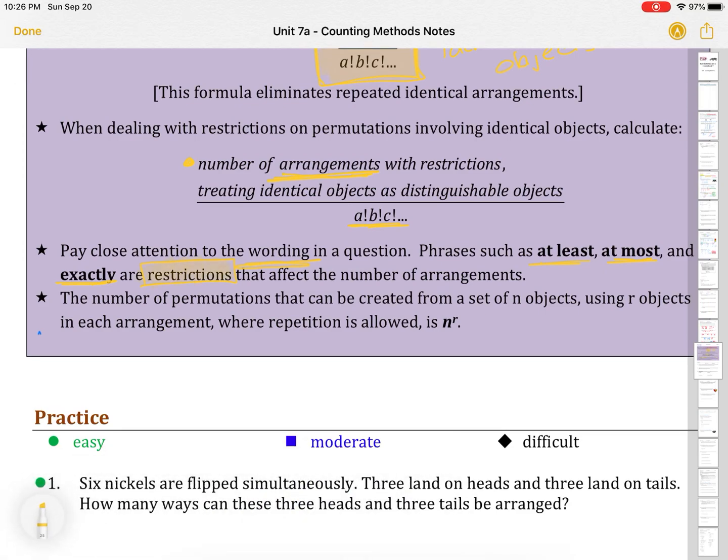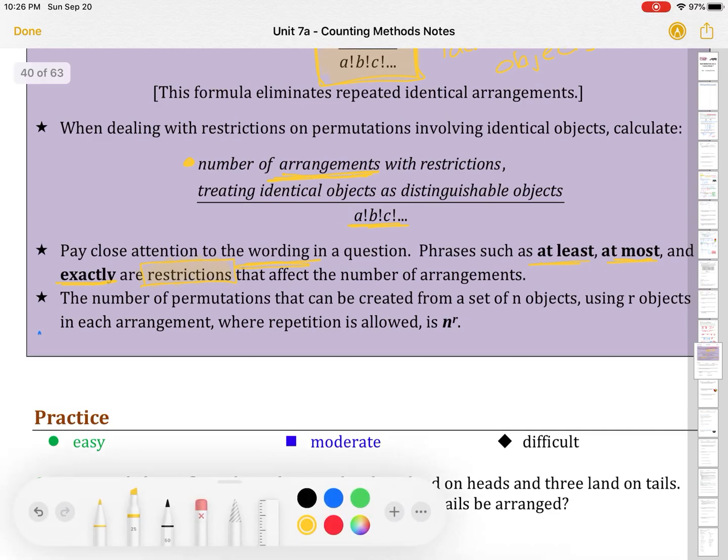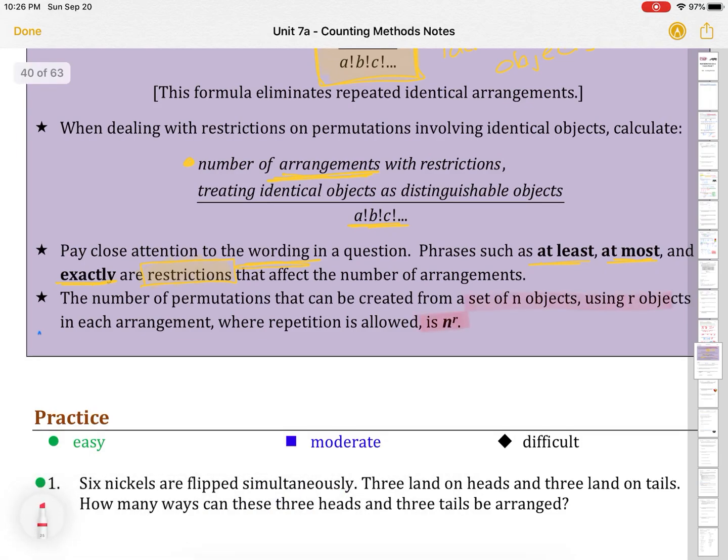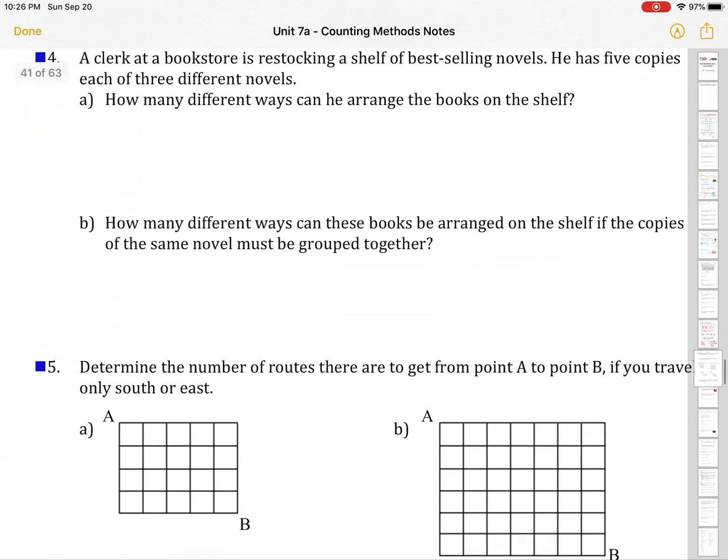Phrases like at least, at most, exactly are restrictions, and they're going to affect the number of arrangements. The number of permutations that can be created from a set of n objects using r objects in each arrangement where repetition is allowed is n to the r. So that is the total.